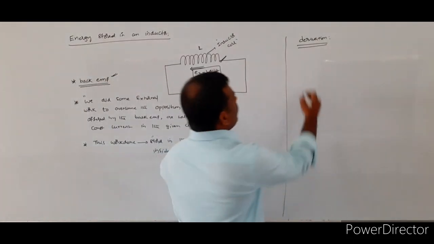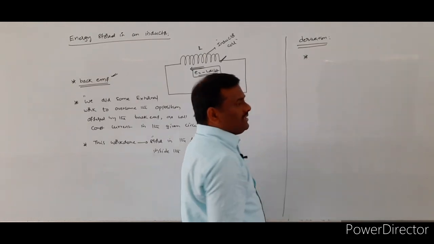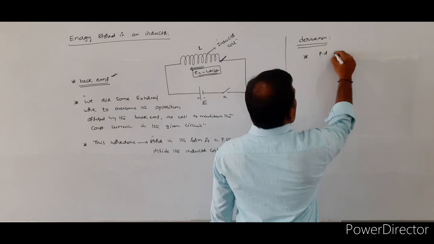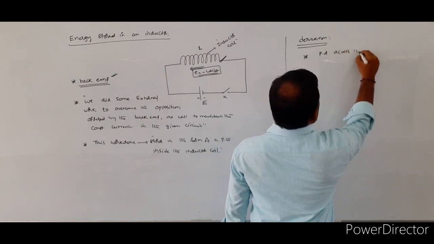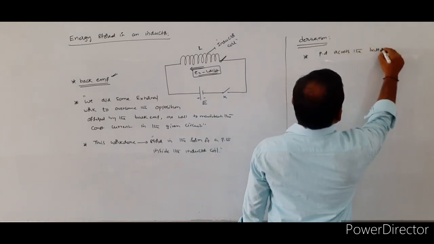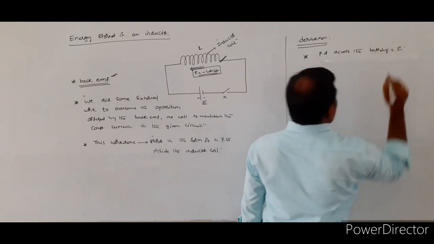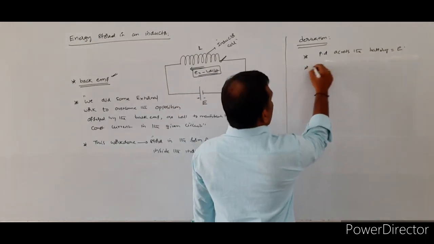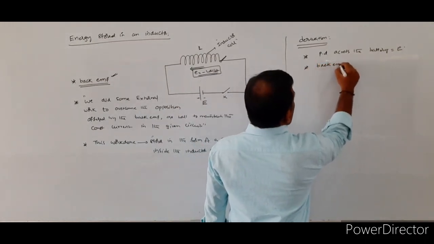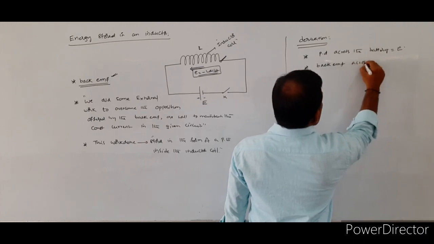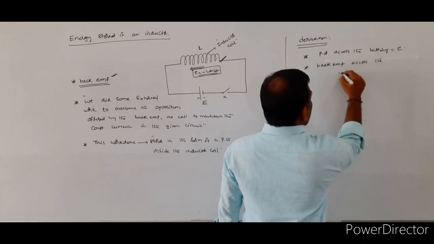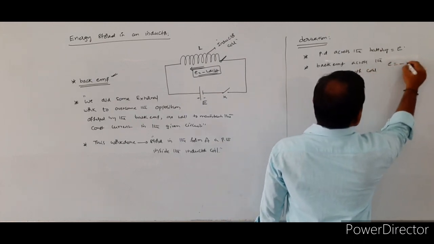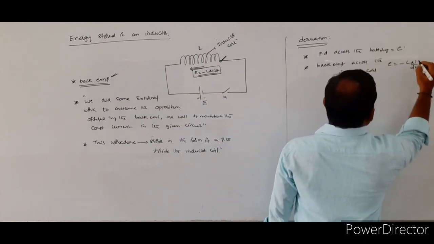So whatever terms are present within the circuit, the potential difference across the battery is capital E, and the back EMF across the inductor coil is E equal to minus L di by dt.